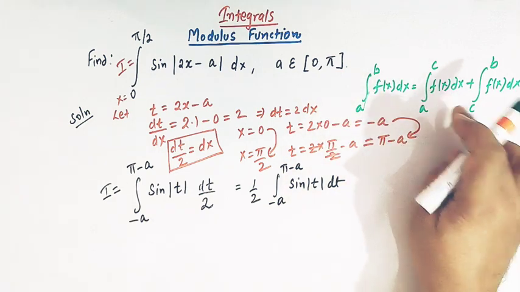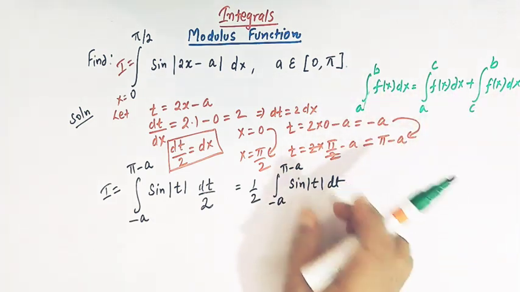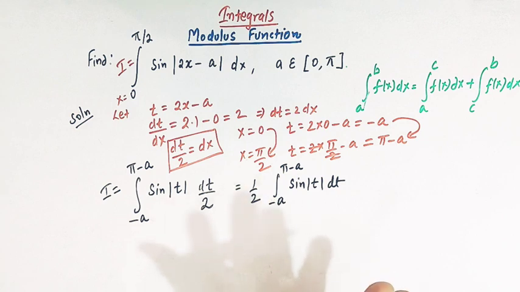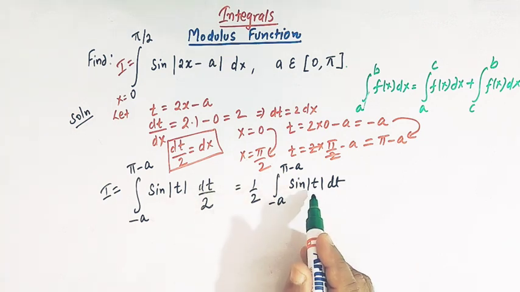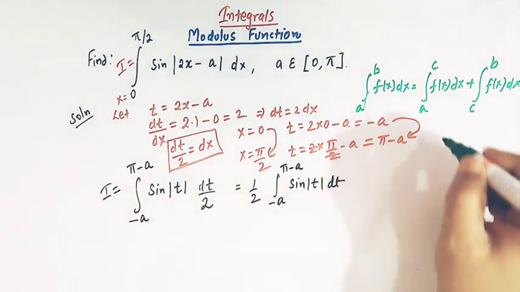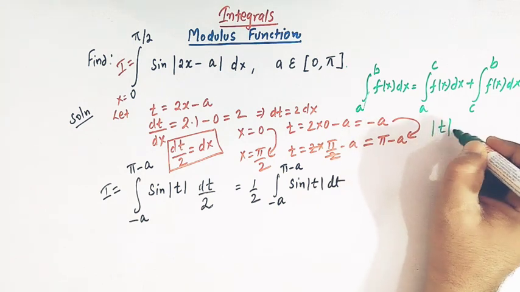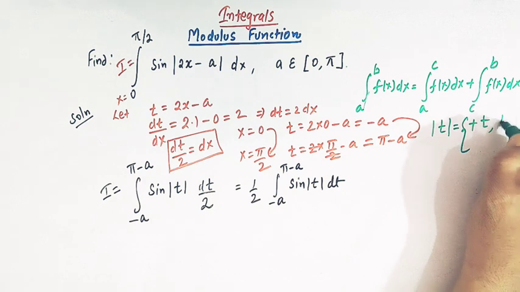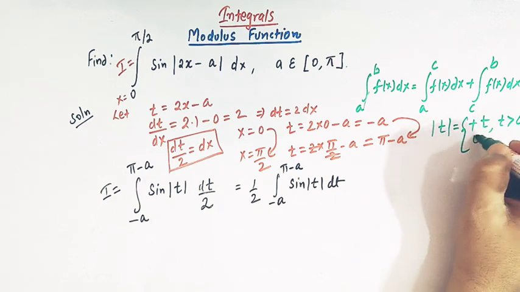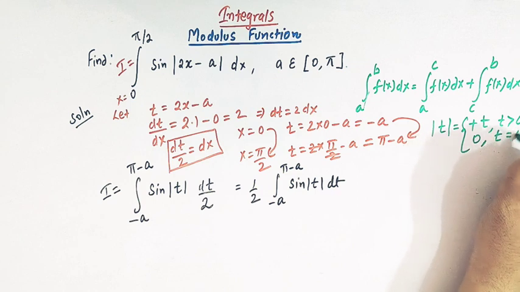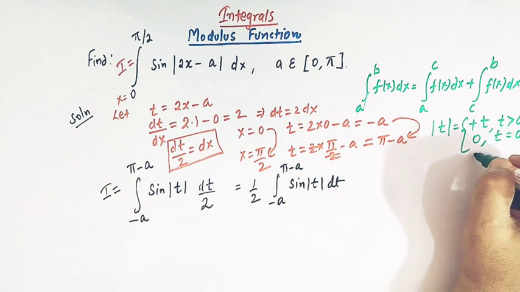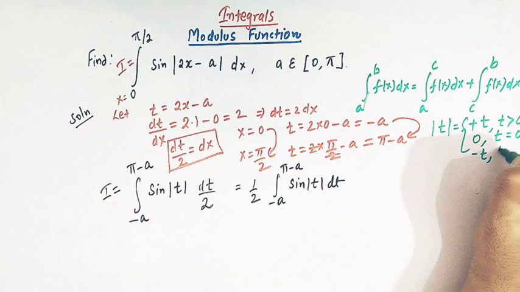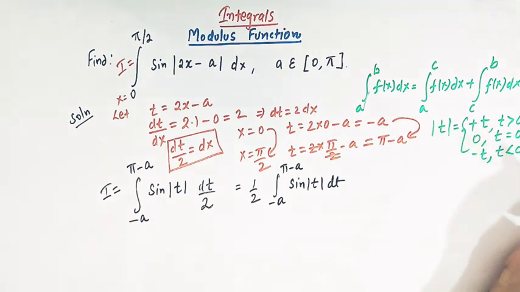So this property shall be used here. Before applying it, let us see the definition of the mod function. Mod of t is defined as t whenever t is greater than 0, mod of t is 0 when t is equal to 0, and mod of t is minus t whenever t is less than 0.